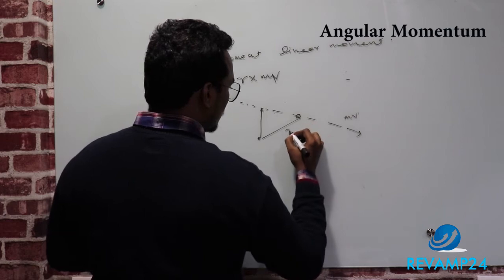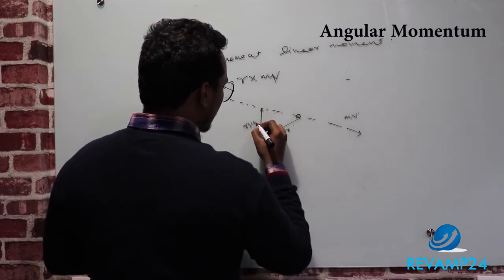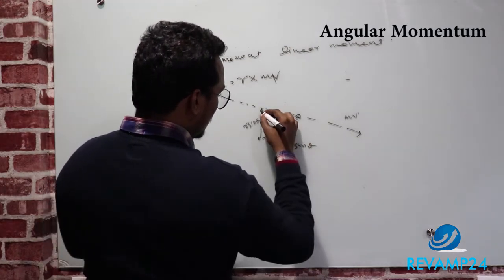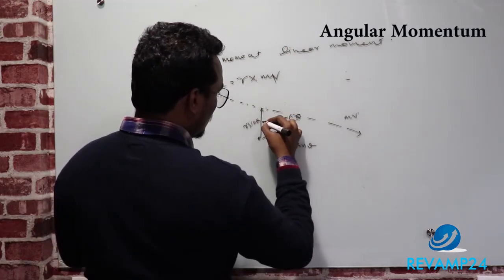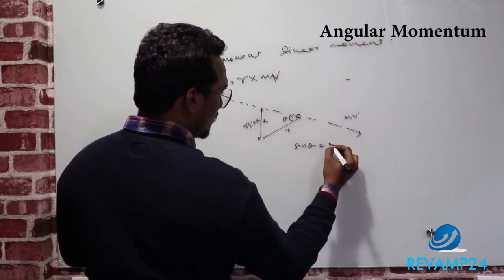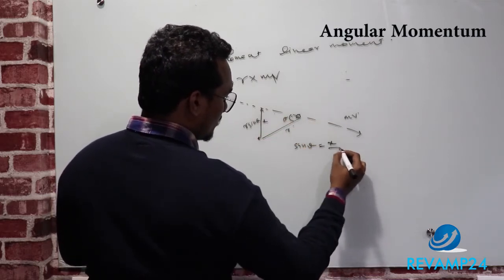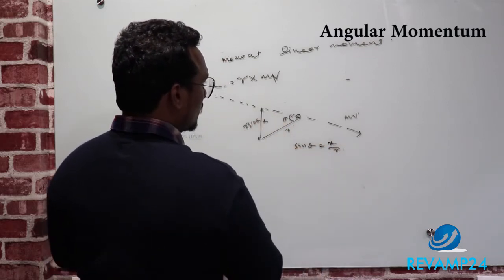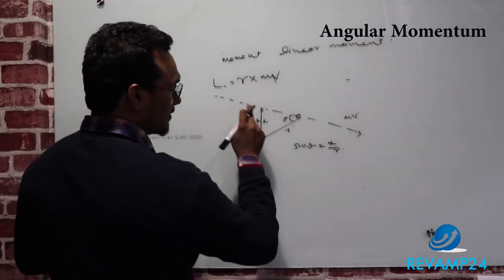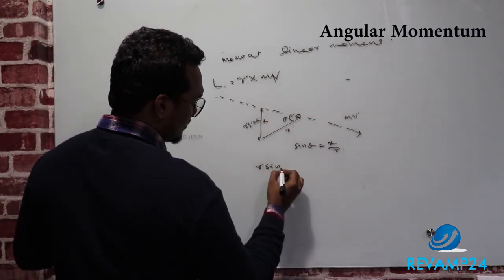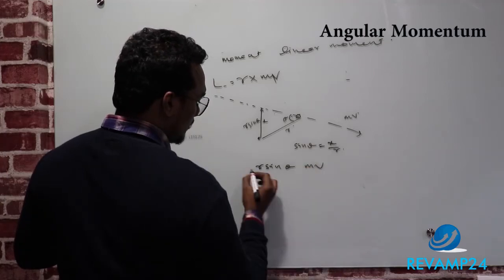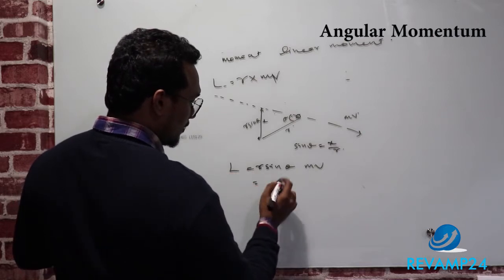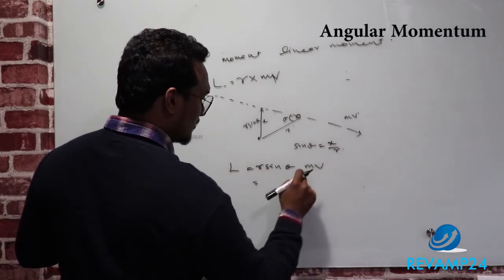If this is R, and this angle is theta, and the unknown distance is x, then sin theta is opposite divided by hypotenuse R. So x is nothing but R sin theta, the perpendicular distance. So R sin theta into mv will be the moment of linear momentum, which is angular momentum.